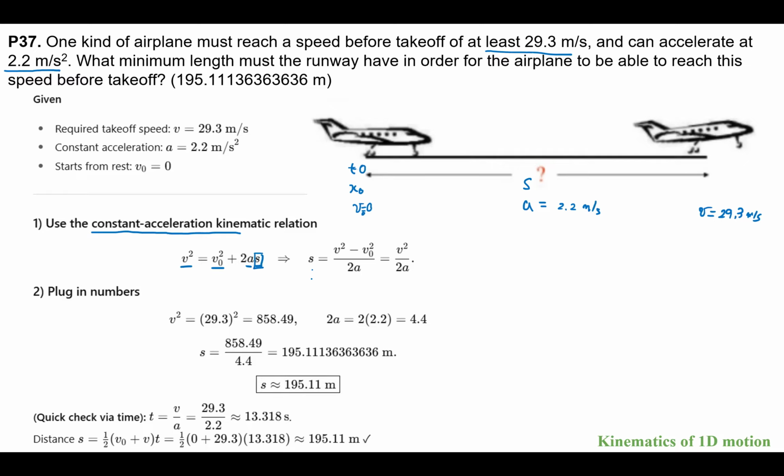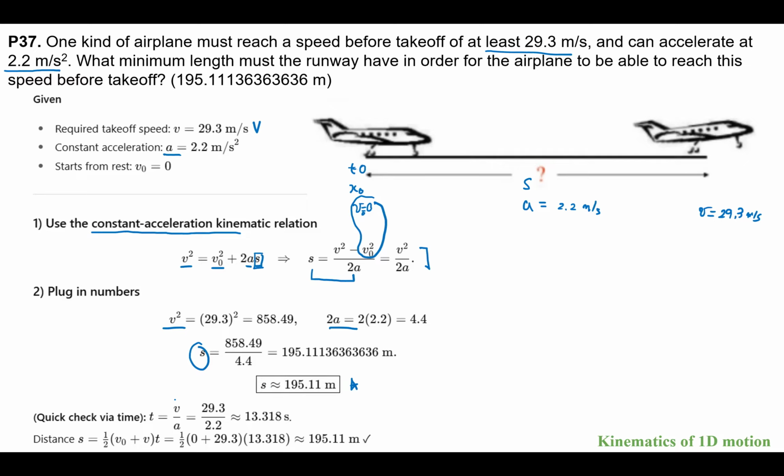From this, you can find this one. Note that v0 was assumed to be 0, so we get this. Then plug in the numbers: velocity is given, you get v squared, and 2a is given, such that s is given by this number.